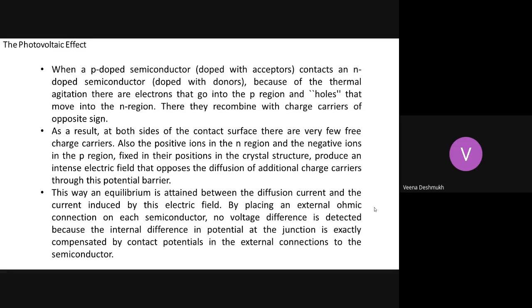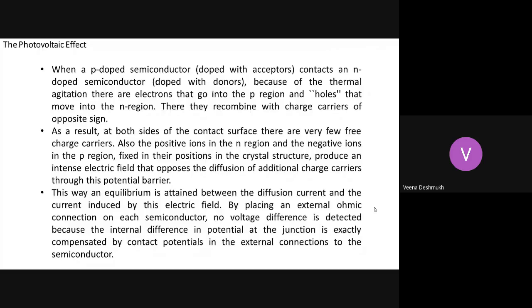So this concept, try to understand. After the recombination, you get an immobile region at the center, but there are some oppositely charged carriers in each of the regions: the holes in the N region and electrons in the P region, and at the center you have the recombined region.